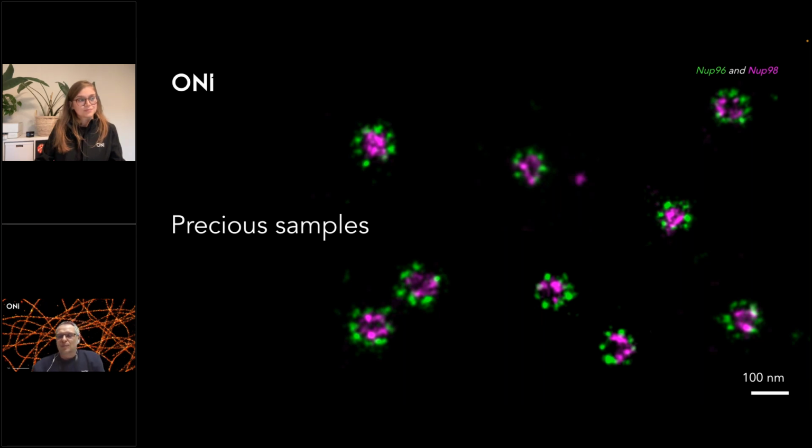So, for example, let's say you're labeling a protein on the surface of primary cells, let's say CD3. When you are using ImageStream, one of the imaging flow cytometers, you will just see a blob and it's there. But if you image using STORM, you will be able to see the individual CD3 receptors.